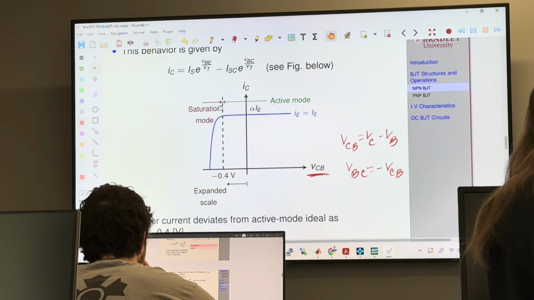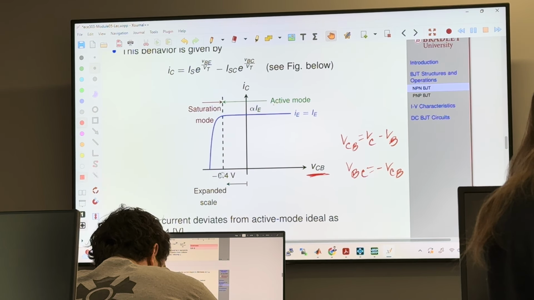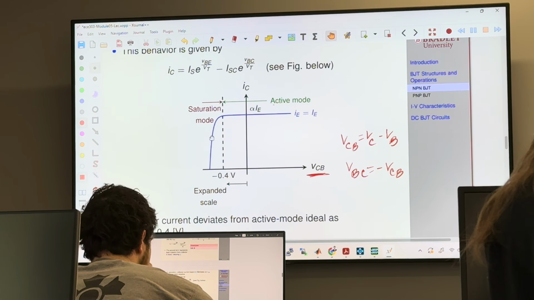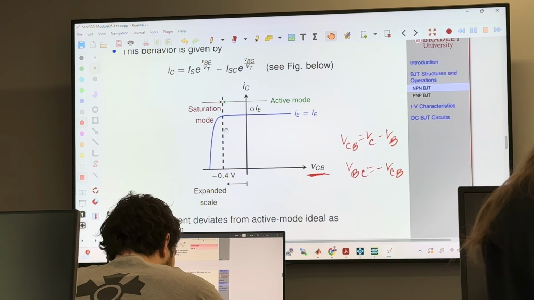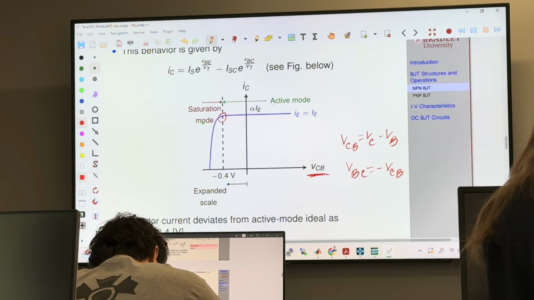As you can see, when VCB reaches a certain negative voltage, the collector current IC is reducing drastically, and that's the point where you experience saturation mode.